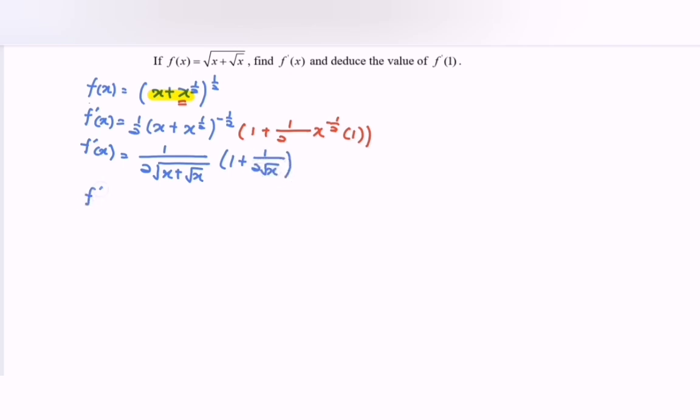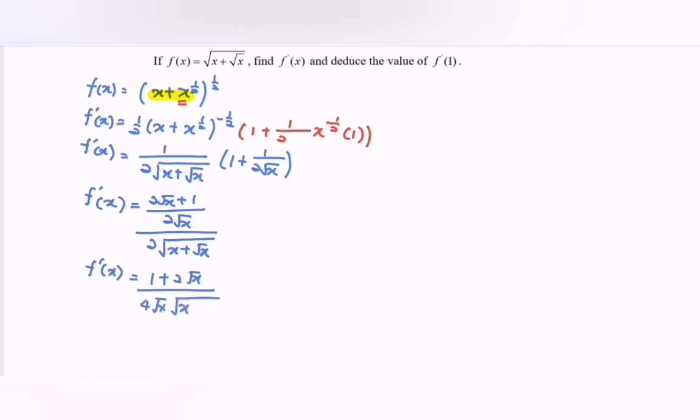So rewrite f prime x equals to 2 square root of x plus 1, over 2 square root of x, over 2 square root of (x plus square root of x). Simplify the situation: f prime x, where we have 1 plus square root of x, over 4 square root of x multiplied with square root of (x plus square root of x). So that is f prime x.